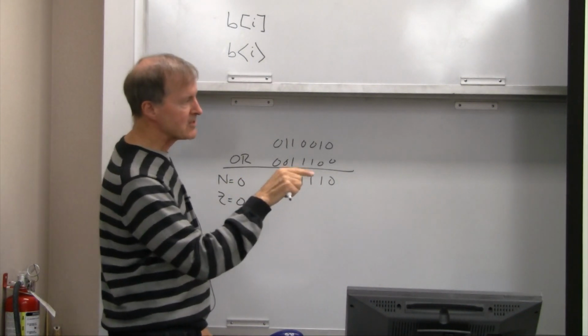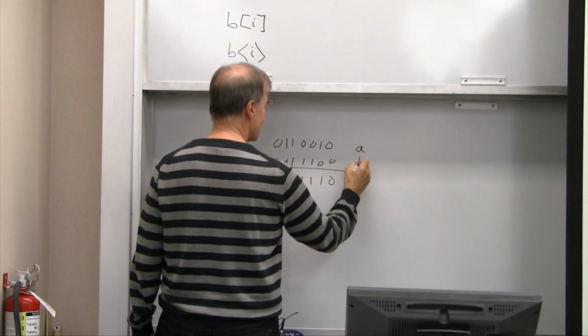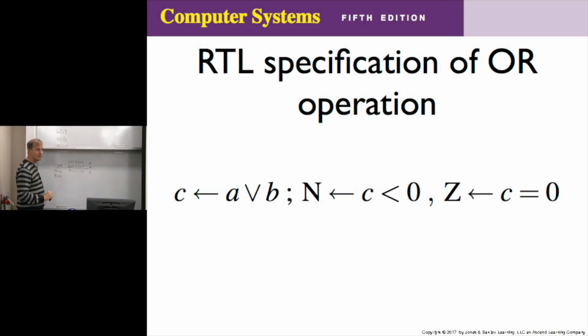So now here's a specification of this. Well, the way this would work is this one is A, this one is B, this one is C. Does everybody see how that works? So what happens is C gets A or B. And what about N? What does it say N gets?